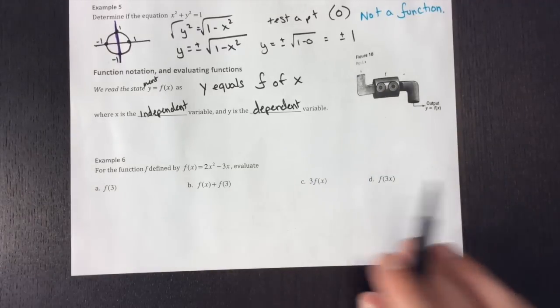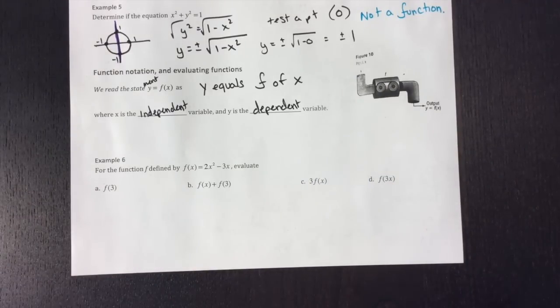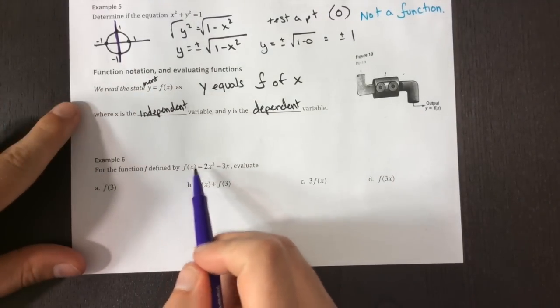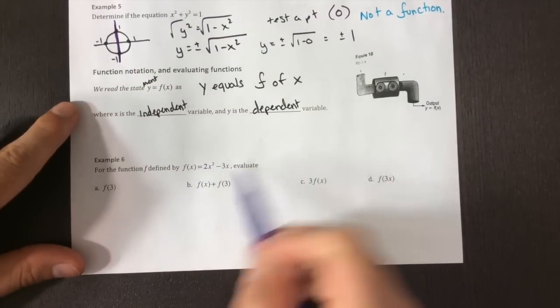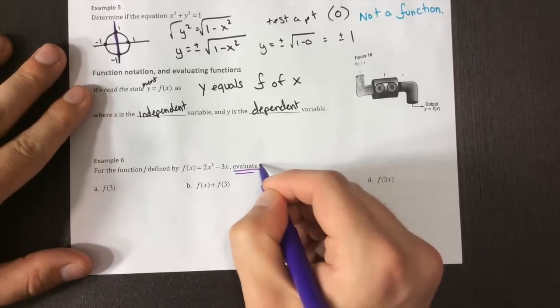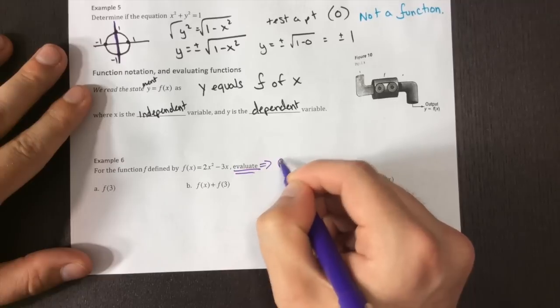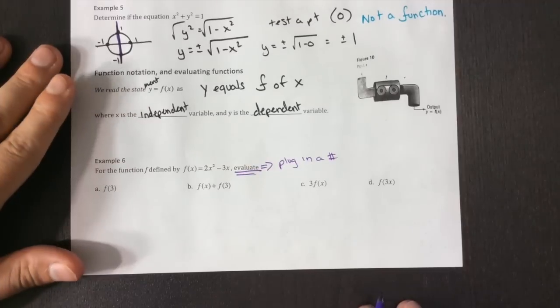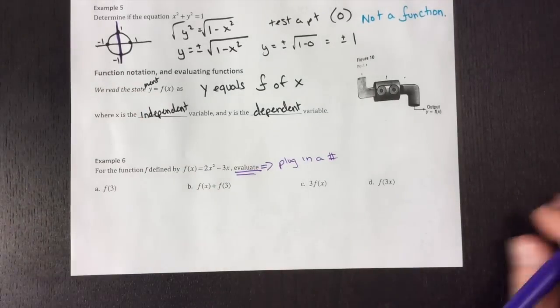So when we look at these problems below in example 6, it says, given the function f defined by f of x equals 2x squared minus 3x, evaluate. Whenever you see this word, all that's telling you is plug in a number. So let's try some of these out.